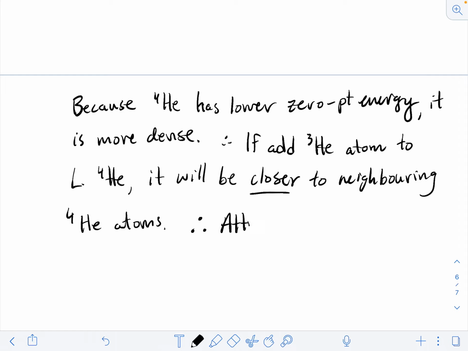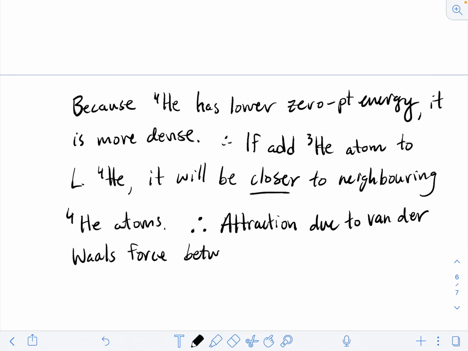So this attraction, due to the van der Waals force, between helium-3 and the surrounding helium-4 is relatively strong.